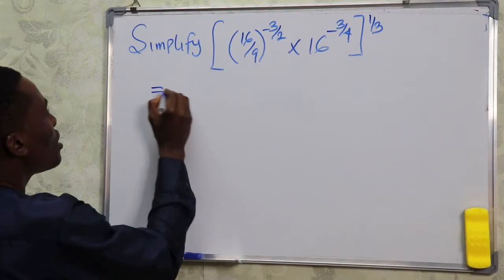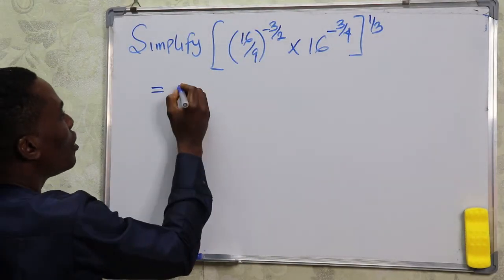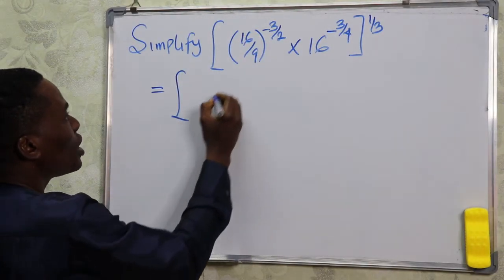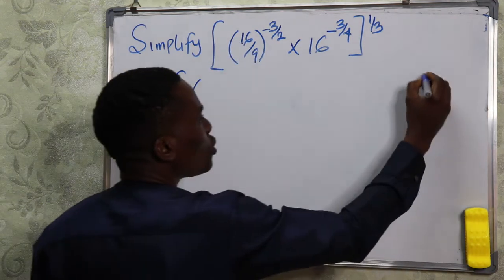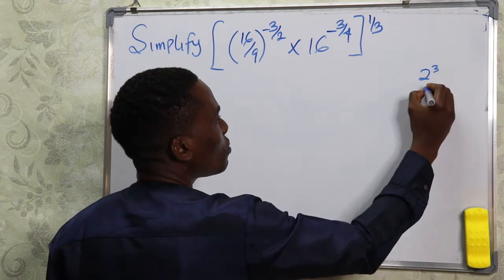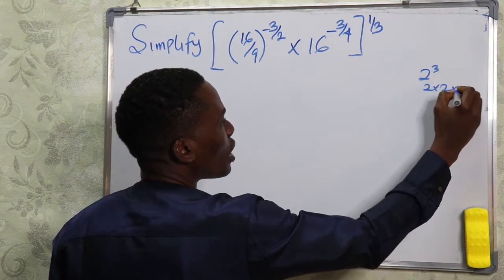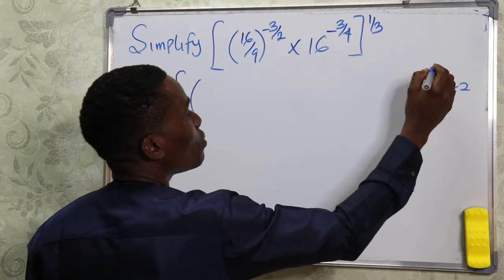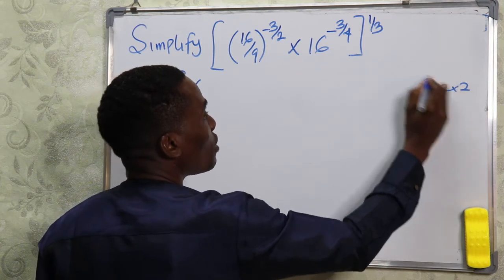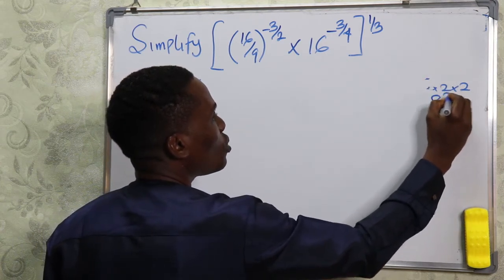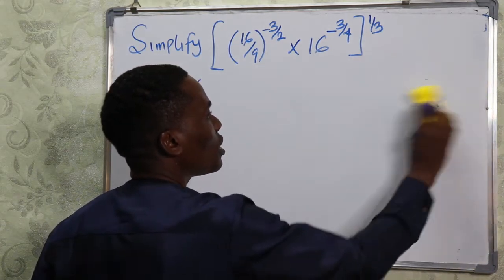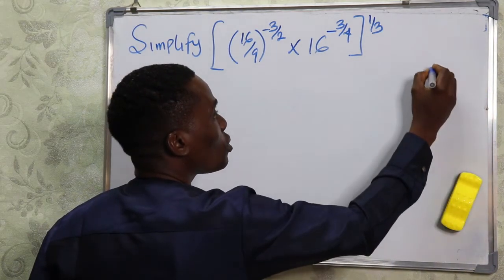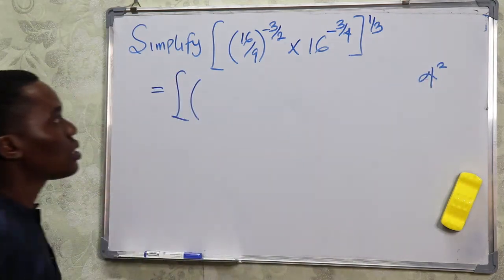Now if you are given this kind of question, you find that 16 is 4 raised to power 2, because 4 times 4 will give us 16.